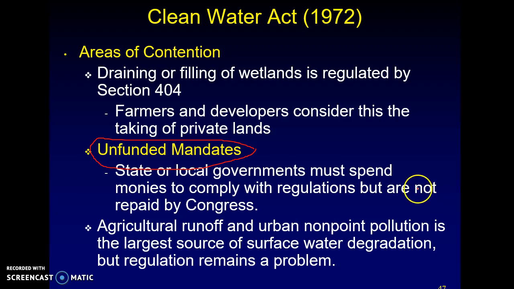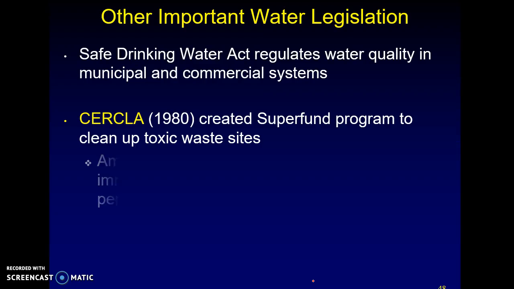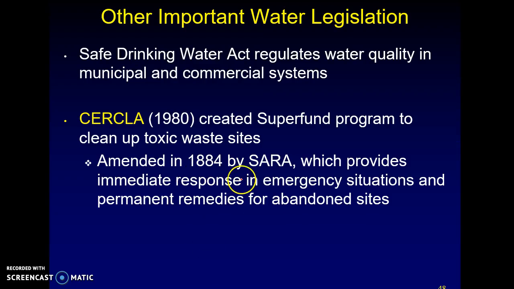People are not happy when their budgets are out of whack, so it is not a good condition. Again, we've talked about this part where non-point, please remember this, urban non-point pollution as well as agricultural runoff, which would be basically rural non-point pollution, are actually more difficult to regulate. Some of the places can be very categorically said to be a toxic waste site, and you can pinpoint where this contamination is coming from.